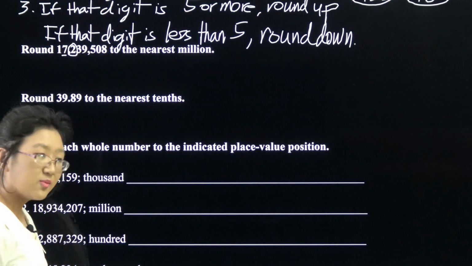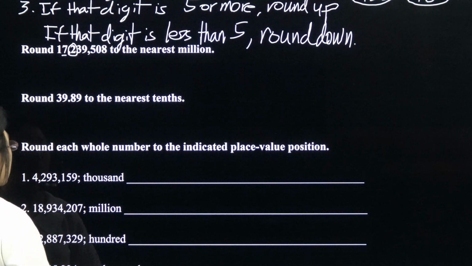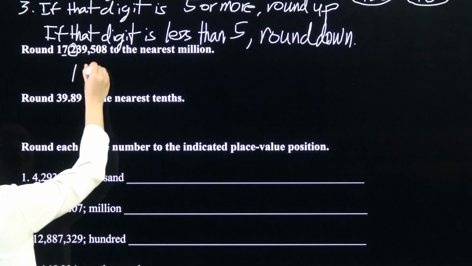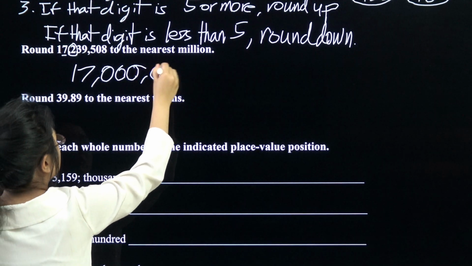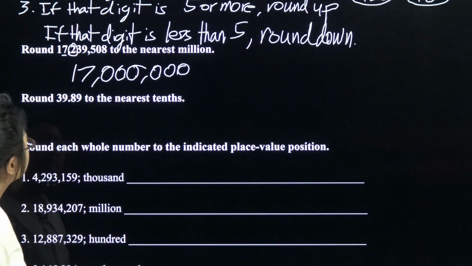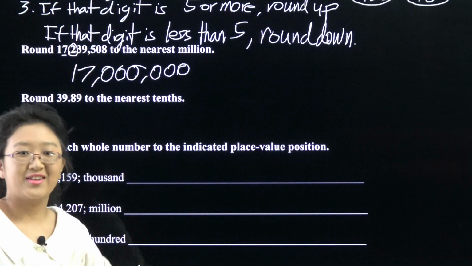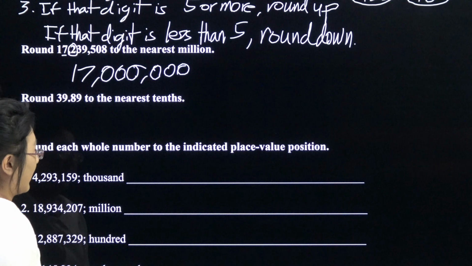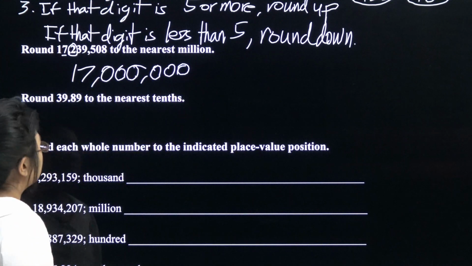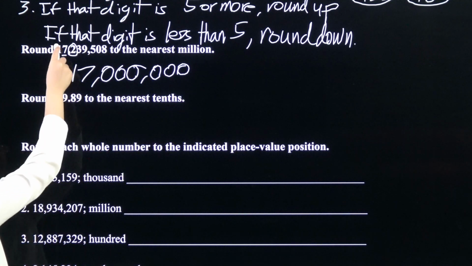And 2 is smaller than 5, which means that we round down to 17 million. And yes, we just turn everything else into zeros, except for the value that is to the left of the value you're trying to round to. In this case, we don't touch the 10 million.